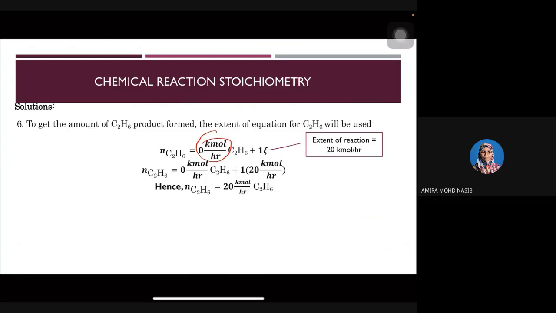From the previous calculation, the extent of reaction equals 20. Hence, at the end of your reaction, we are going to produce 20 kilomole of C2H6. All of this data we get is based on the extent of reaction equation. So it's very important for you to know how to develop an extent of reaction equation.